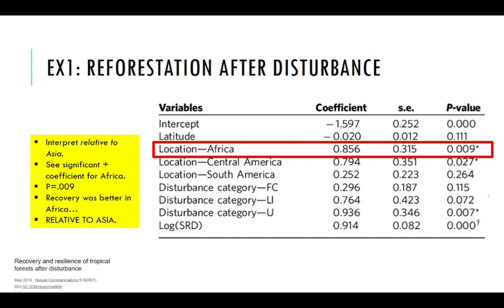Remember, when we have dummy variables, everything is translated and interpreted relative to the omitted category. Now, we can't really interpret this because I didn't read the study closely enough to figure out what exactly is the method for measuring. I don't know how you measure reforestation, and I'm not interested at this point in going that far into this, but the next step would be to interpret 0.856.